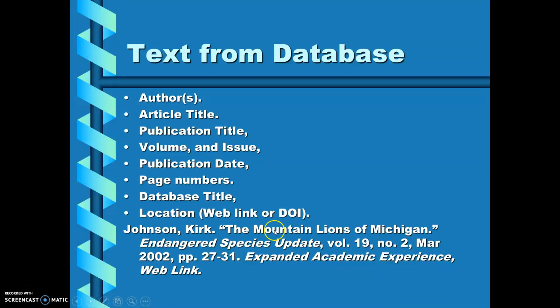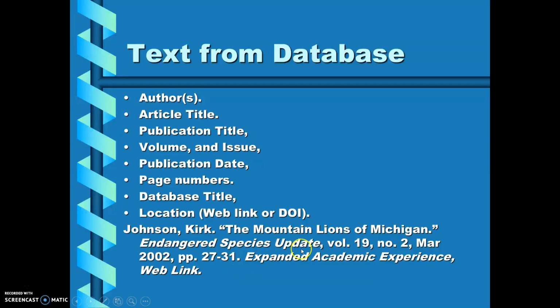This is the name of the database, okay? Notice that the database name gets italicized, followed by a comma. Whenever you look up these entries on Academic Search Complete or any of the other places where we can find these databases, they're either going to give you a web link or what is known as a DOI number.